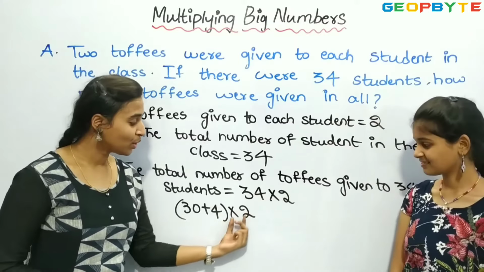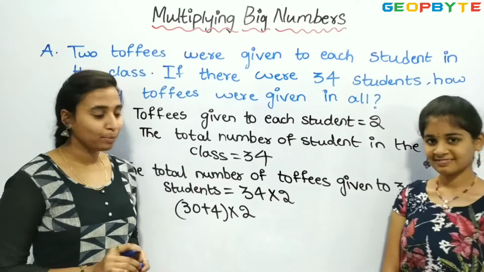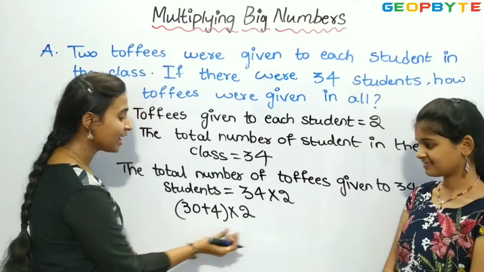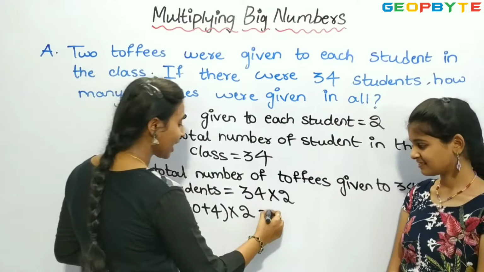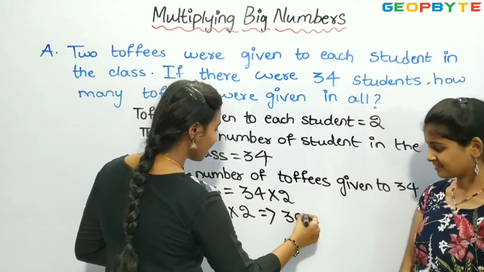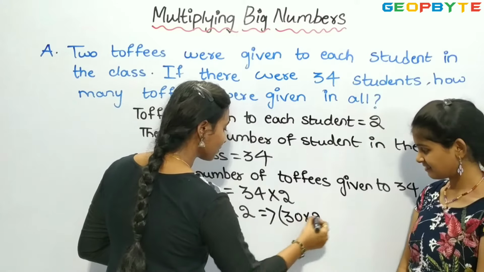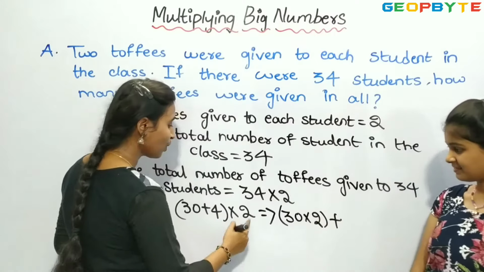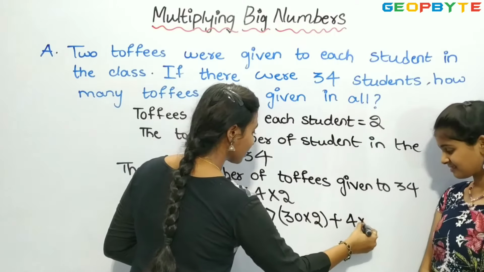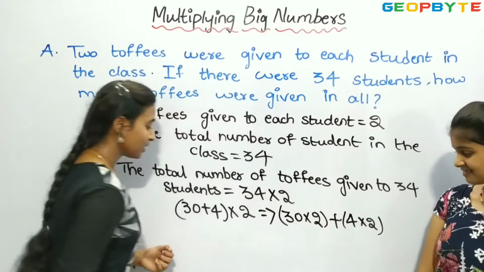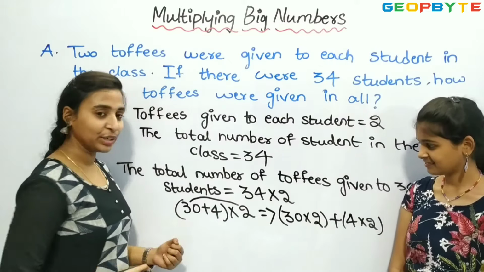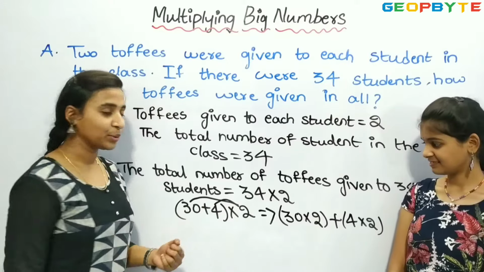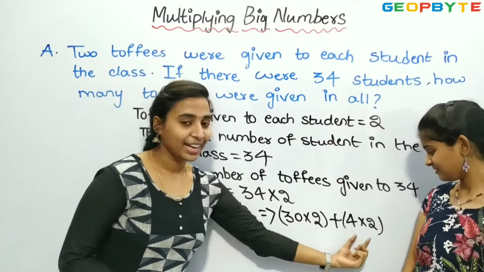Now, I can multiply 2 for 30 and 2 for 4. I can write 30 into 2 plus 4 into 2. Yes, children, I have multiplied 30 and 2 and 4 and 2.